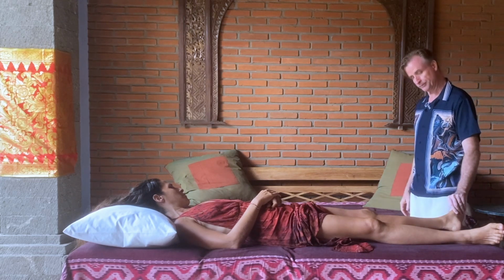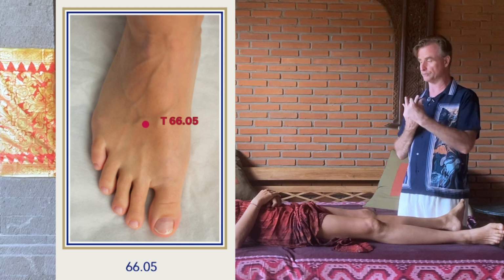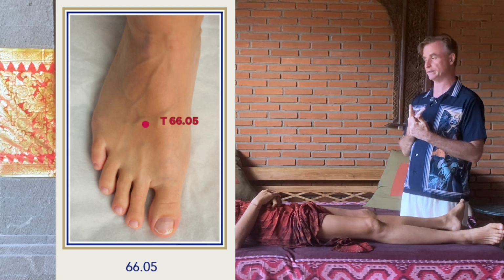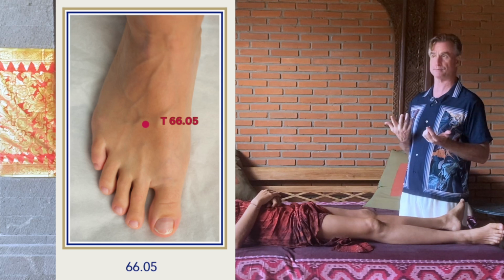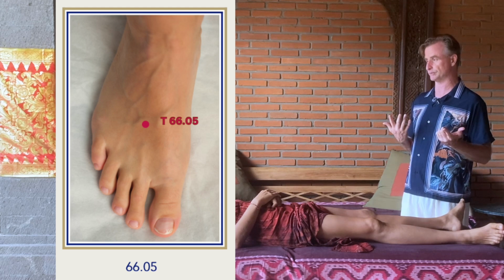So right here at the junction, or the V, of these long bones, the metatarsals in the feet, there's a point known as stomach 43 in the traditional TCM systems, or known as 66.05 in the Taiwanese system.